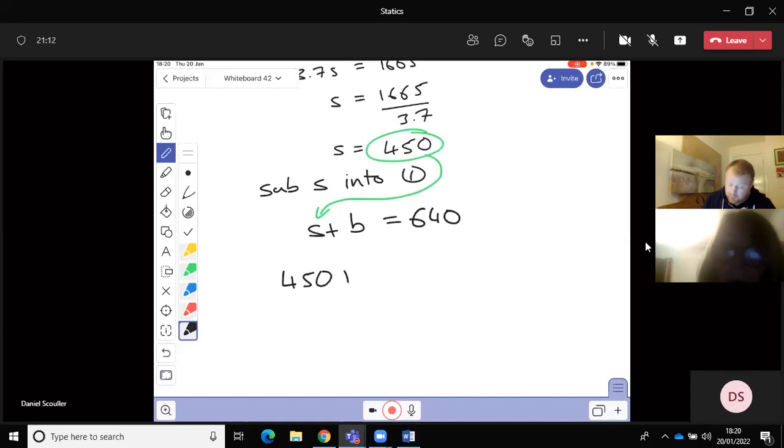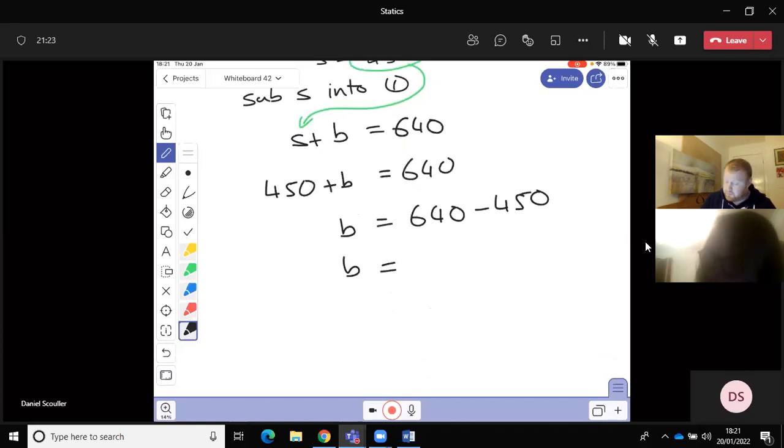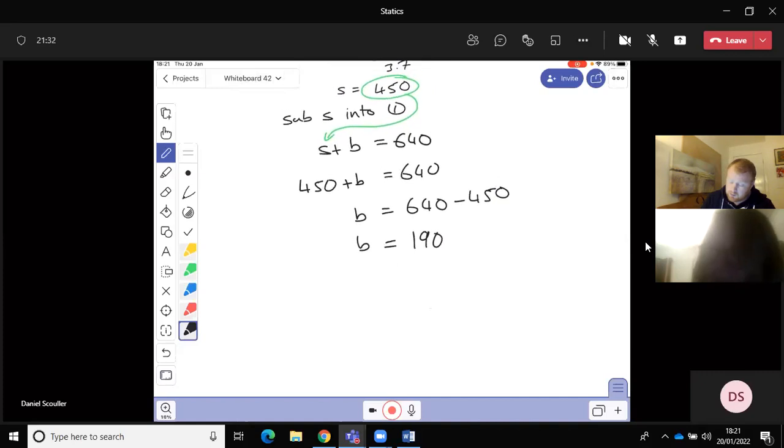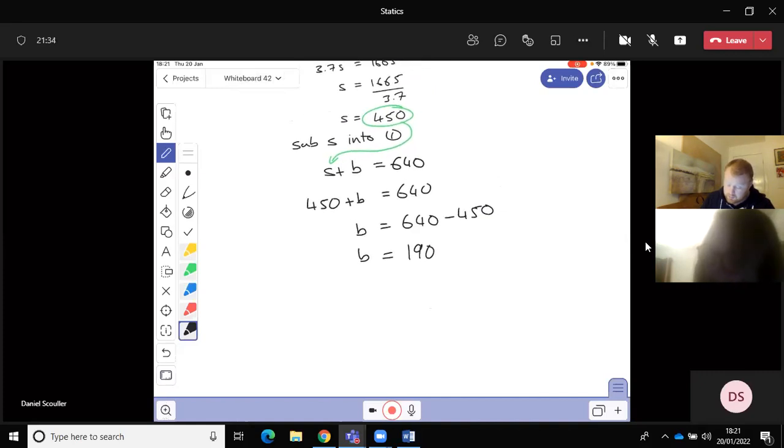That's just 450 plus B equals 640. B, therefore, is 640 minus 450, which is 190. So 450 stall seats, 190 balcony.